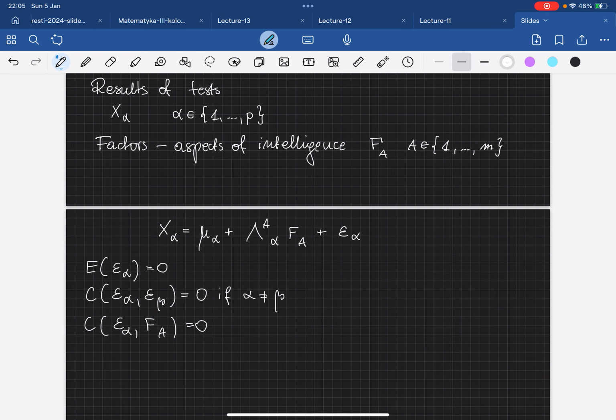And we will assume that factors are chosen in such a way that their expectation value is equal to 0. And moreover, they are standardized and uncorrelated between themselves.